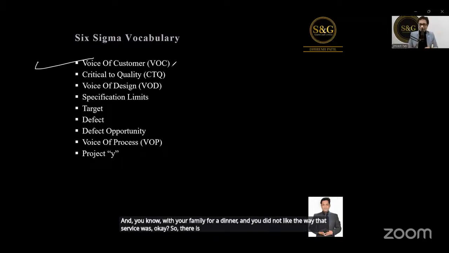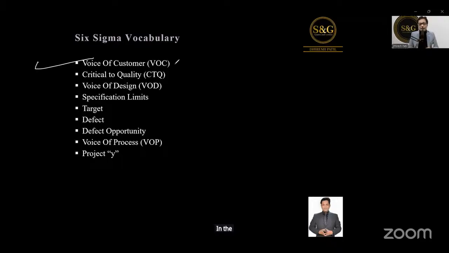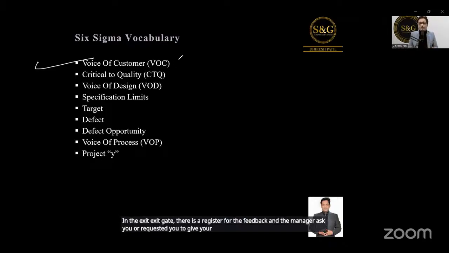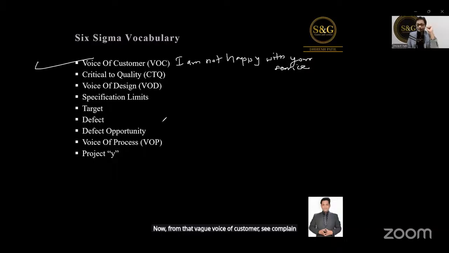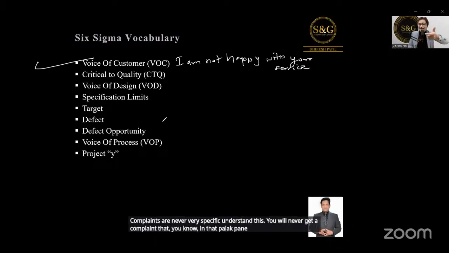There is a feedback register at the exit gate, and the manager requests you to give your feedback, and you write that you are not happy with the service. That's a very vague statement. Complaints are like that only. Complaints are never very specific. You will never get a complaint that in that palak paneer you had less amount of spices.